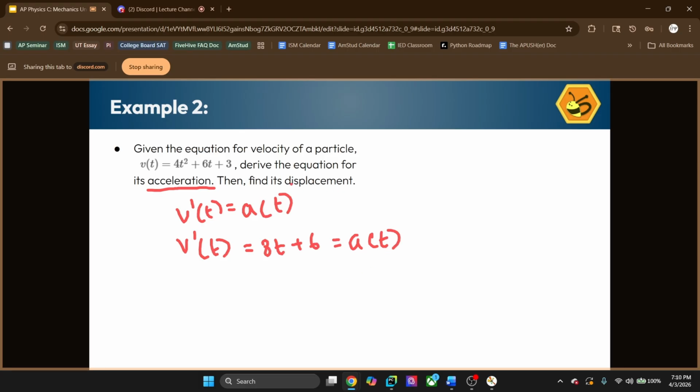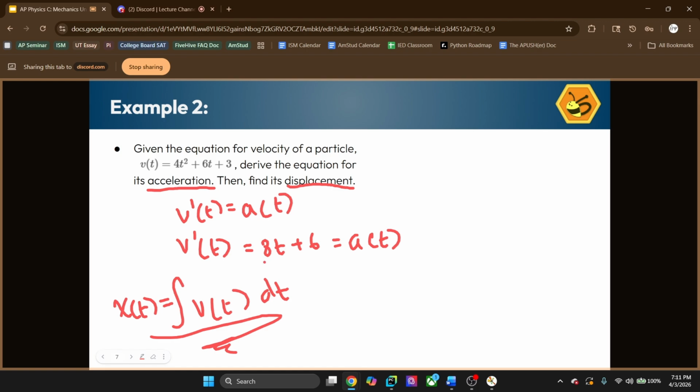To find the displacement, like we saw in the previous slide, we integrate v of t. So we can say that x of t equals the integral of v of t dt. And also, guys, it's very important when you're doing FRQs that you write all this down. You write the definition down, because that's almost always a point.